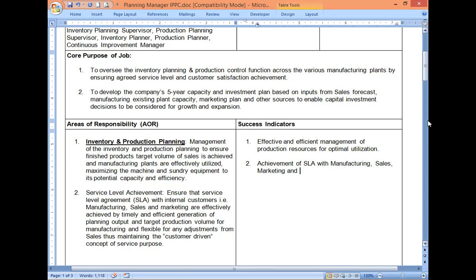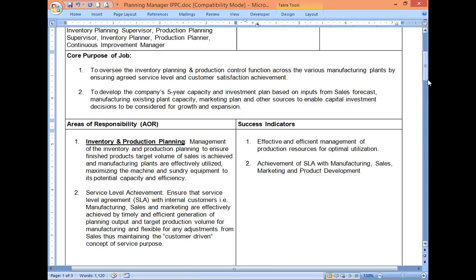Or maybe I will mention the product development. I will not say others. Here we call it R&D, but most of the food companies are calling it product development, right? Product development.